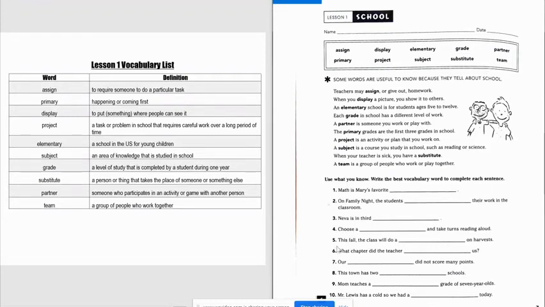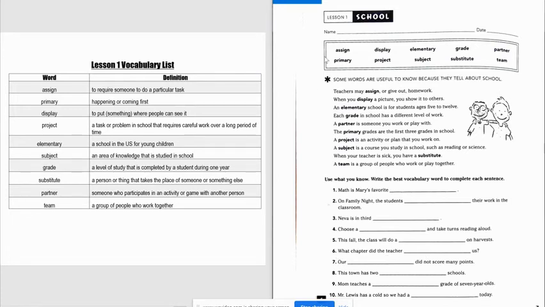Number 5. This fall, the class will do a blank on harvest. Assign, primary, display, project, elementary, subject, grade, substitute, partner, or team on harvest. What is the class going to do about harvests? Number 6, what chapter did the teacher blank us?